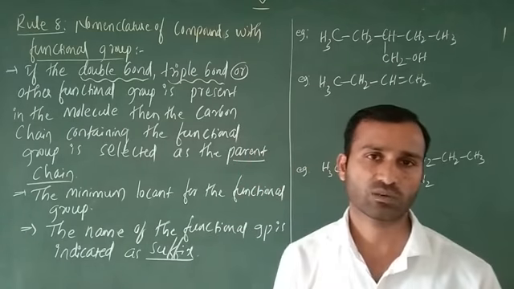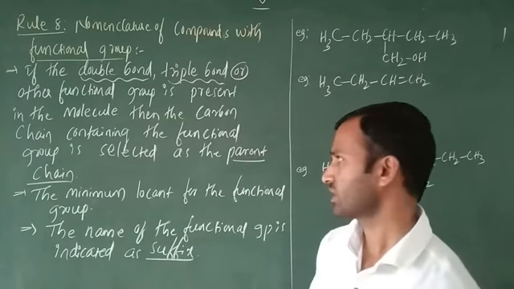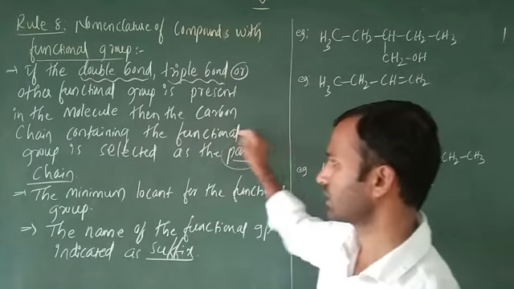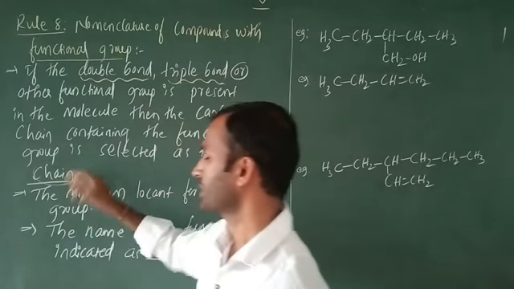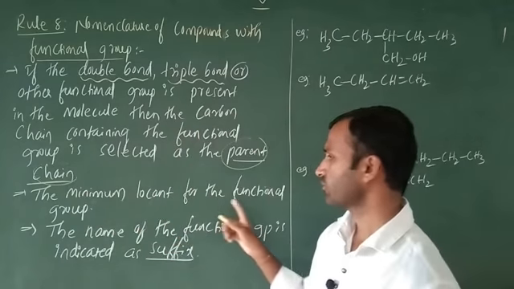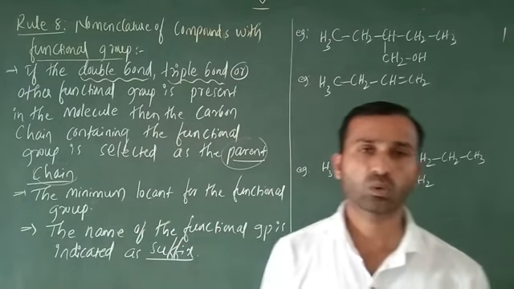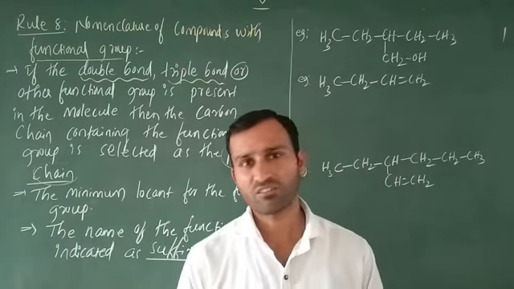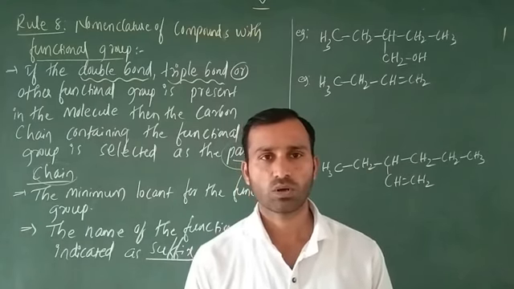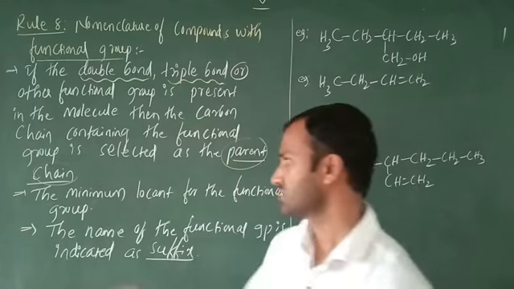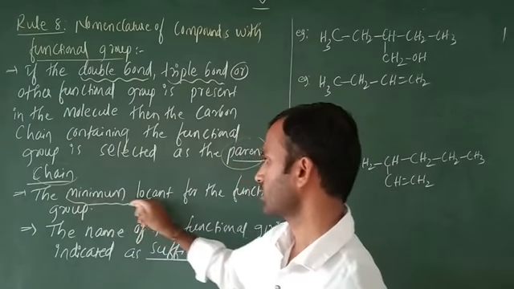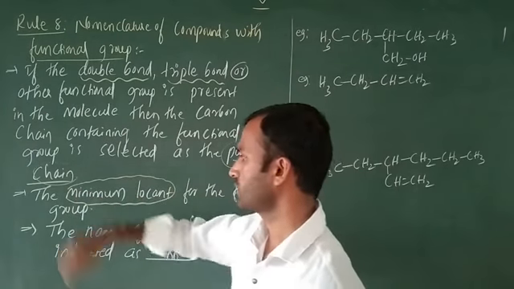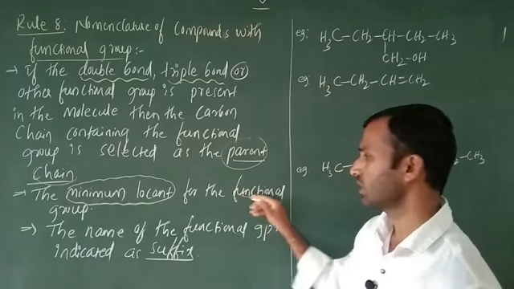Compulsorily we have to select that parent chain. Next, for the functional group you have to give first preference to the minimum locant. The most important thing is that we have to follow the minimum locant rule for the functional group.